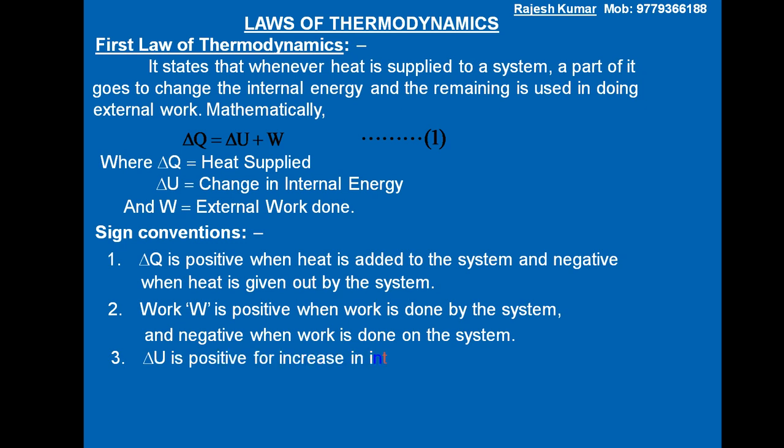Number 3, delta U is positive for increase in internal energy and negative for decrease in internal energy. So these are the sign conventions for first law of thermodynamics.